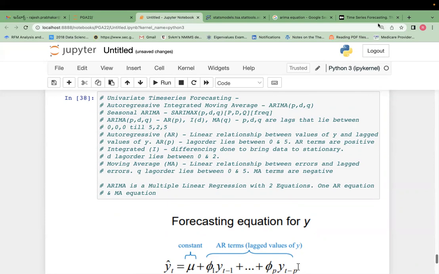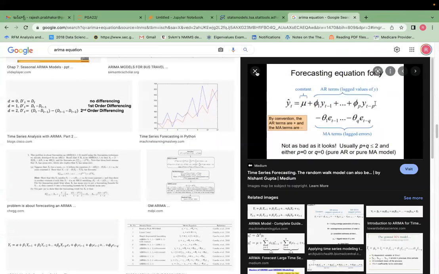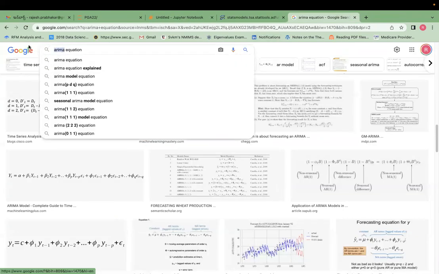And the SARIMA equation. We also need to understand the SARIMA equation.